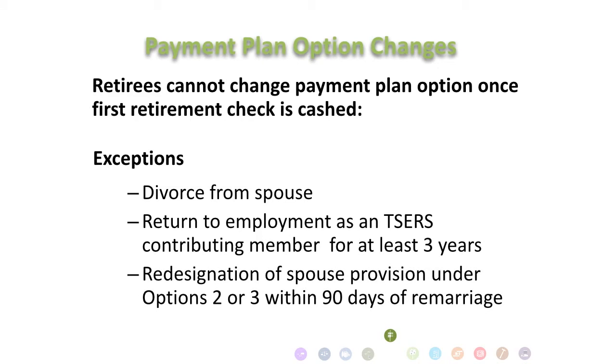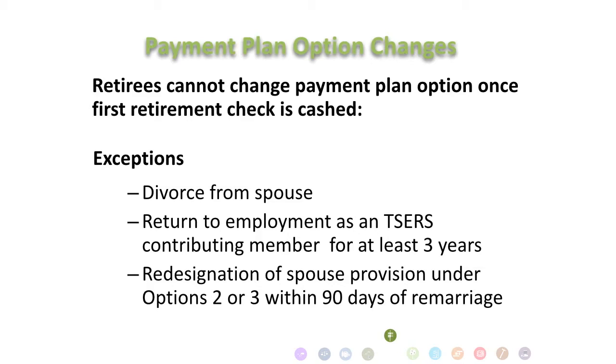And finally, we have what's called a redesignation. This is not actually a payment option change, and it applies only to options 2 or 3. If your spouse is your beneficiary in option 2 or 3, and your spouse dies, you can redesignate a new spouse through marriage, provided you tell us within 90 days of your remarriage and that process is completed within 120 days.